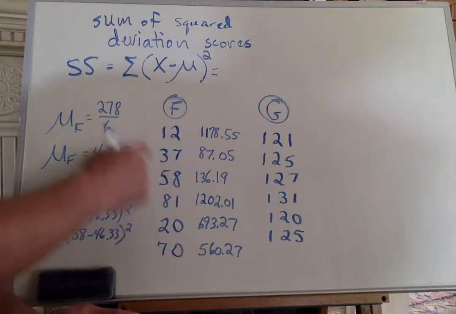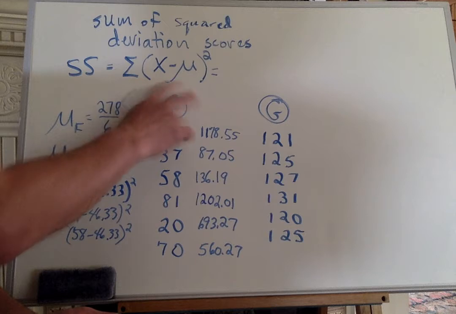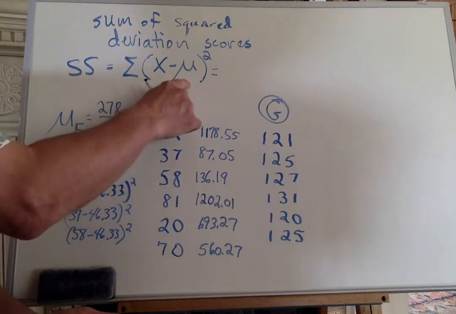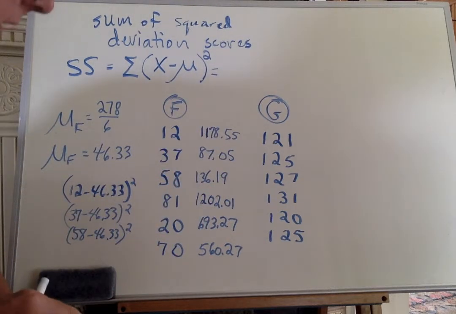Let's add these together now. That's what this does. So what we've done here is we've subtracted 12 minus 46.3 and then squared that. That's what that is. Okay. Now we're going to add these together. So 1178.55 plus 87.05 plus 136.19.